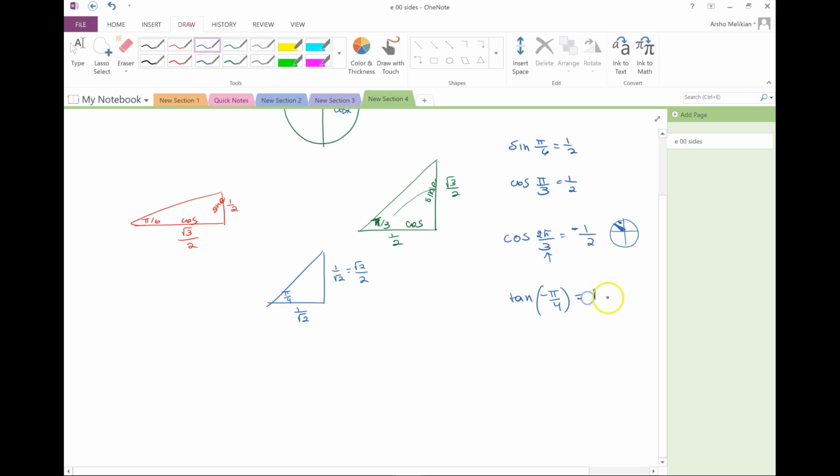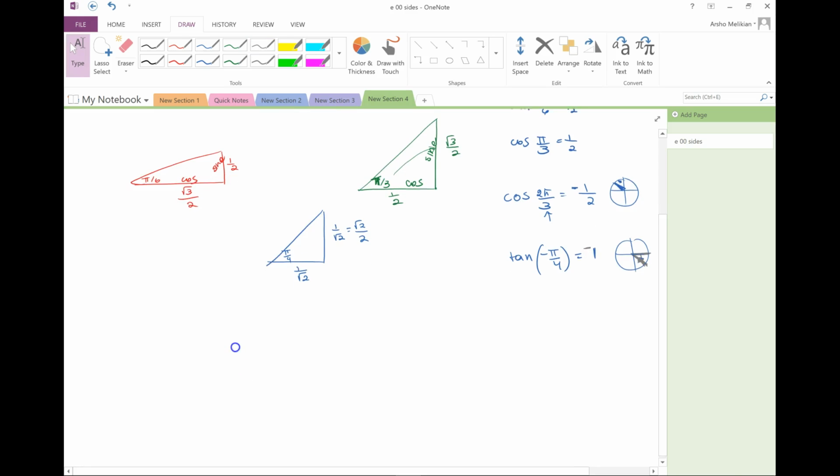But now, negative pi over 4, which quadrant is it in? Fourth quadrant, bottom right. Why? Because how would I draw a negative pi over 4? If this is 0, I have to go in the negative direction, so it'll be here. So tangent will be negative there.